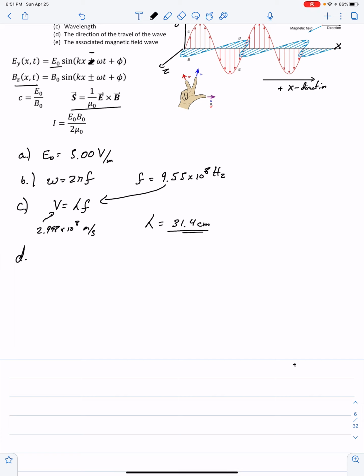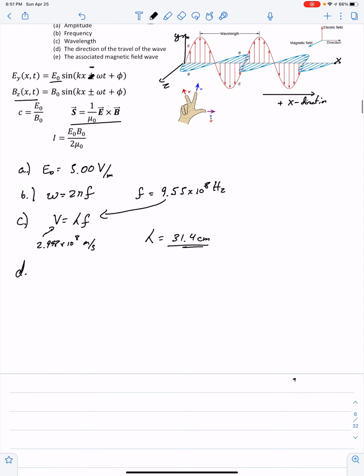We already described that the direction of travel of the wave is in the positive x direction. Good on us, right? And then finally E. It says associated magnetic field wave. Remember what I said? Because we know the peak electric field, we can find the peak magnetic field.